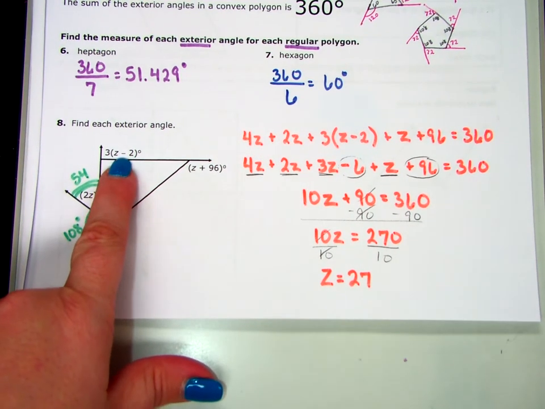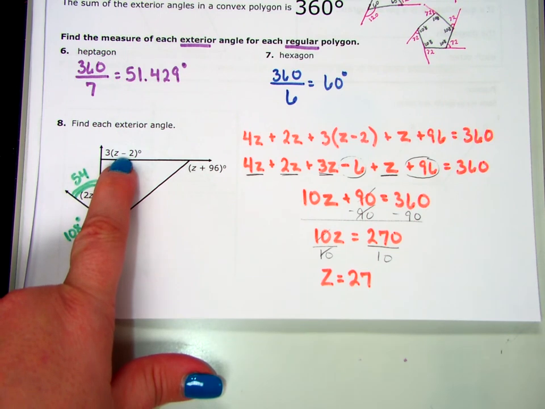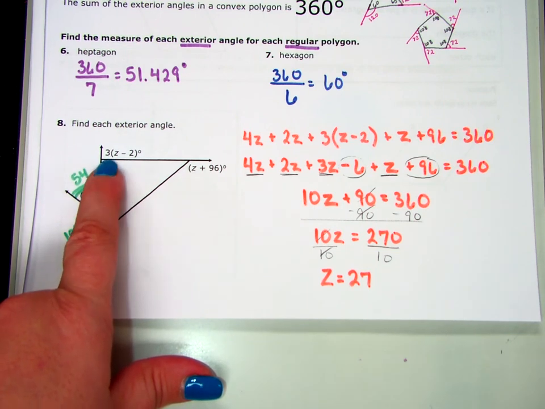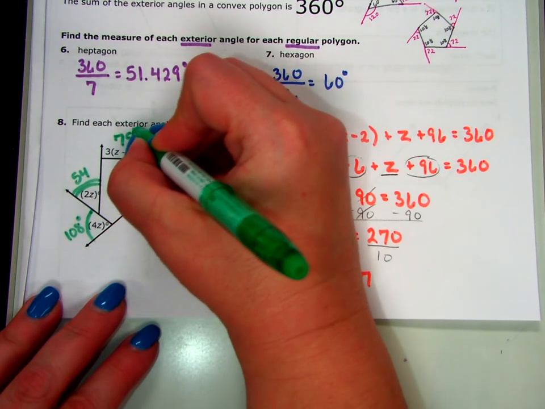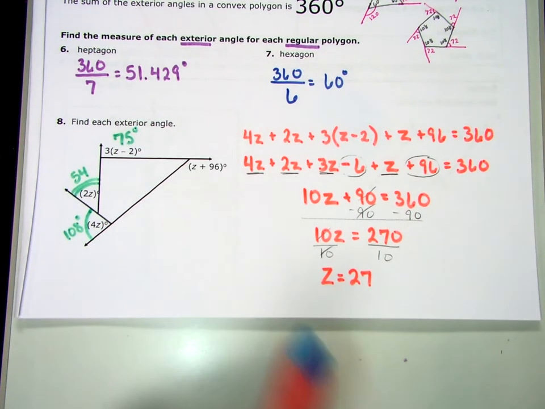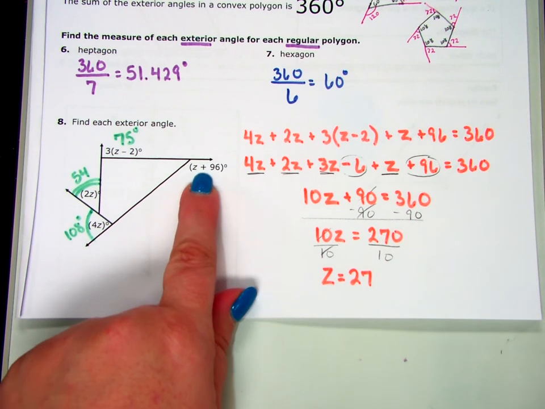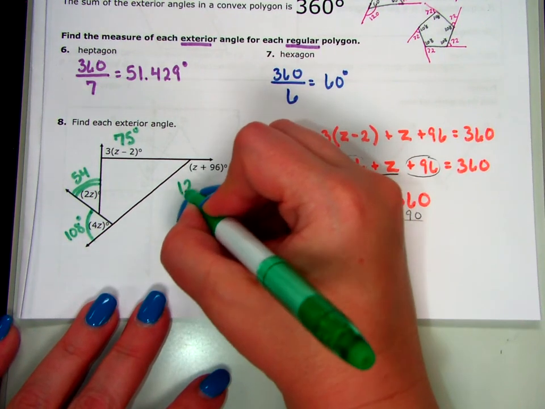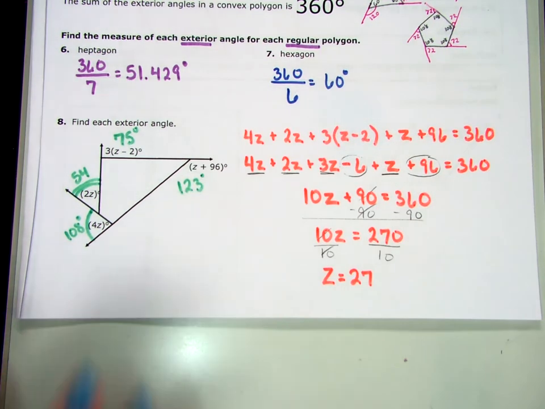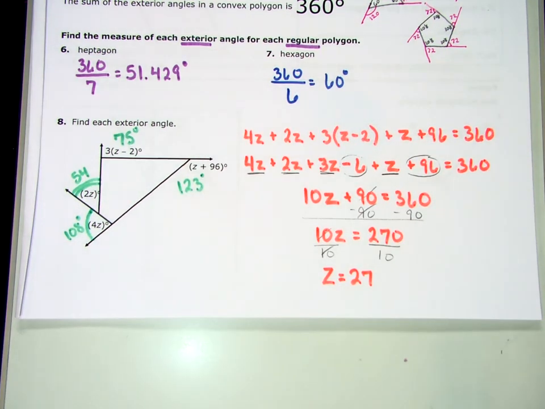This one looks like it's a right angle. Let's see if it is. What's 27 minus 2? 25. And then 25 times 3? Oh, that's not even close to a right angle. That's acute. It looks right, but it's acute. And then the last one, 27 plus 96. 123 degrees.